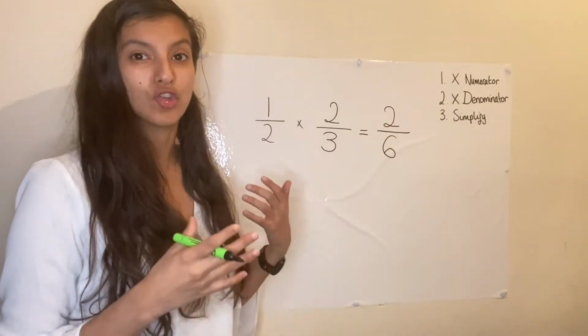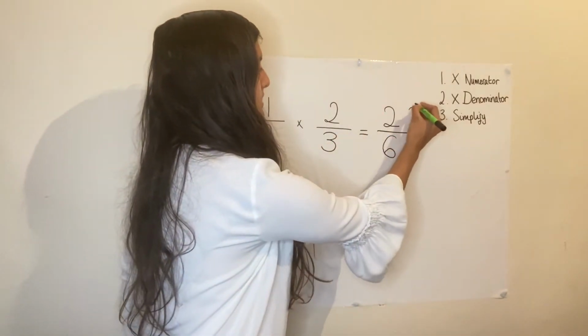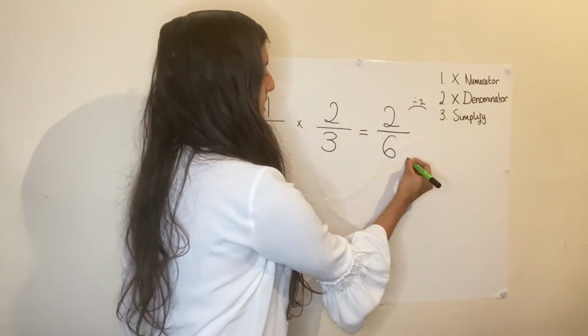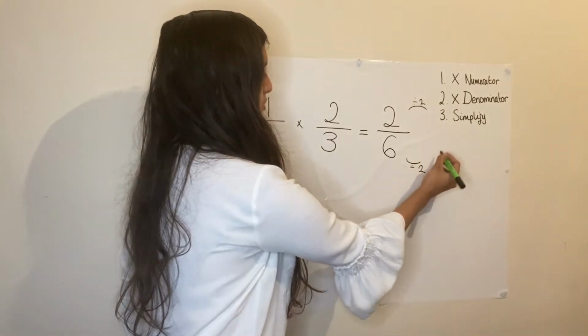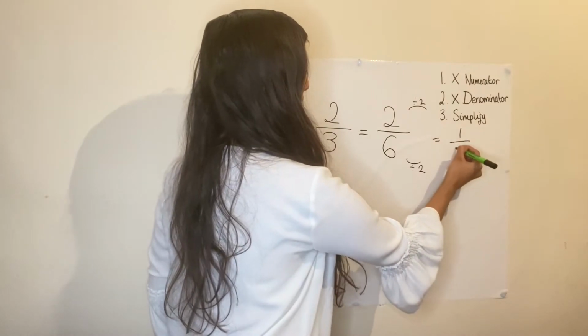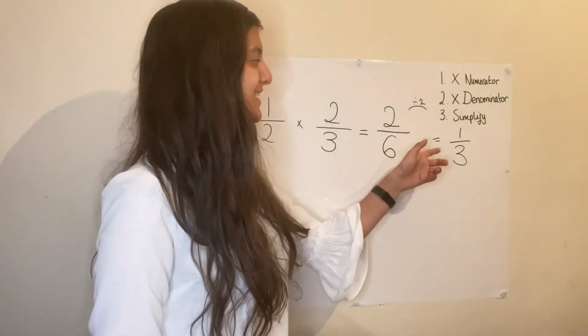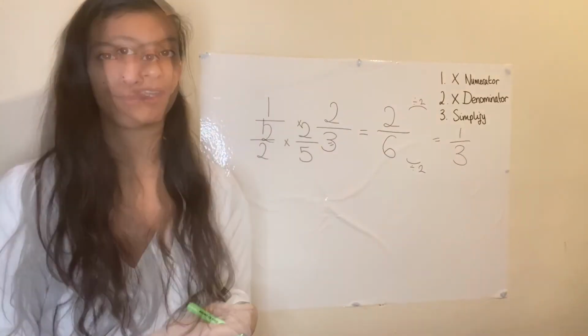Now I can see that 2 goes into both 2 and 6, so I can divide my numerator by 2 and my denominator by 2, and the answer that will give me is 1 over 3. So therefore, a half times 2/3 is 1/3.